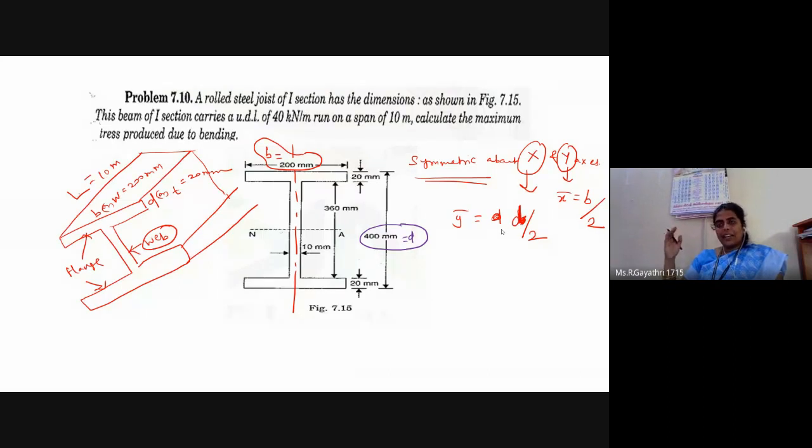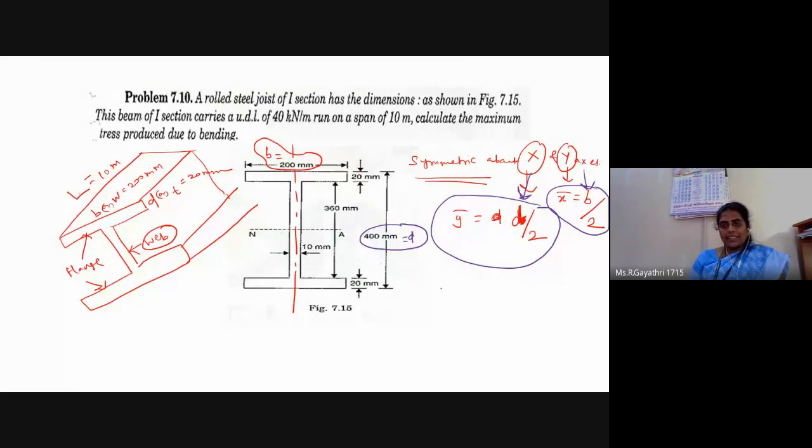If it is symmetric about y-axis, you can cut the section into two equal halves about y-axis, which means x bar is equal to total width by 2. We need to remember these conditions. This is for symmetric about x-axis. This is for symmetric about y-axis.